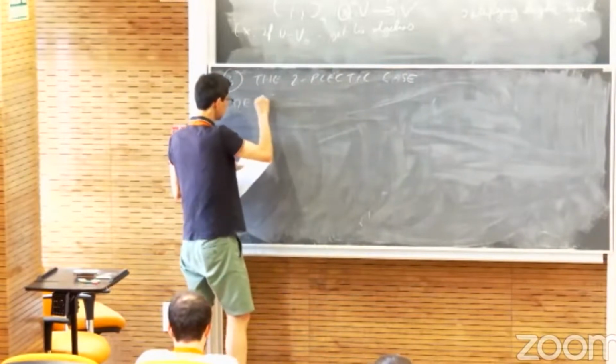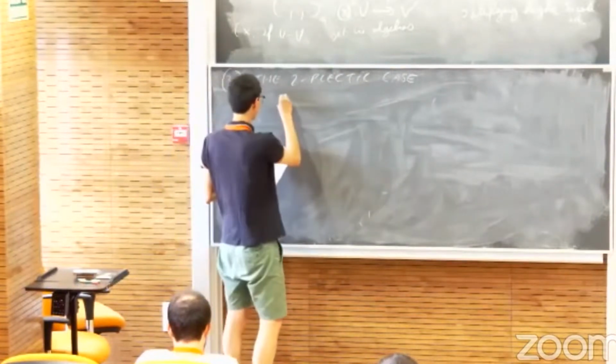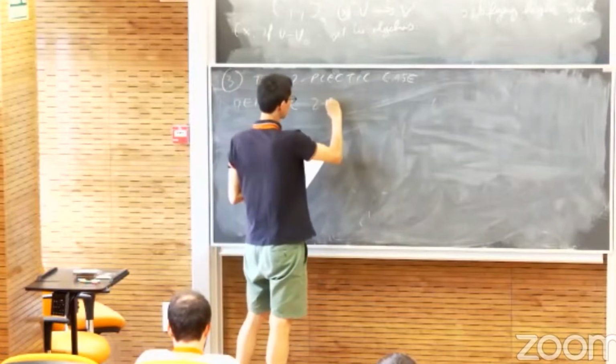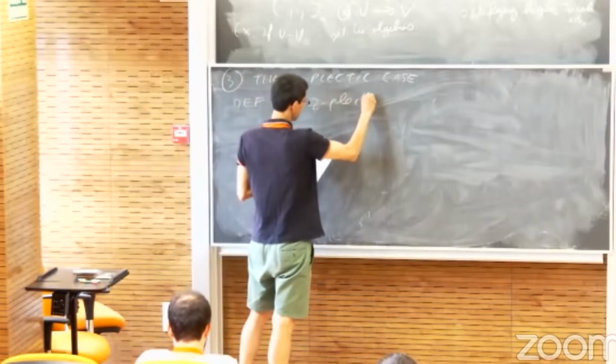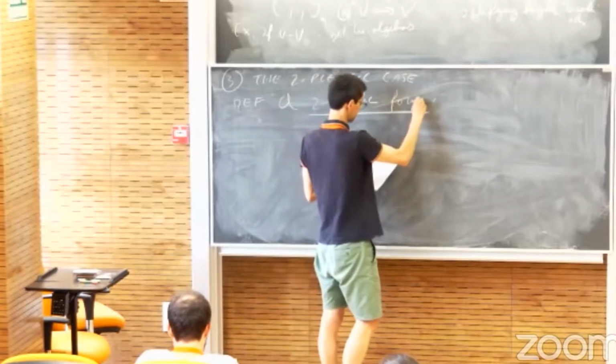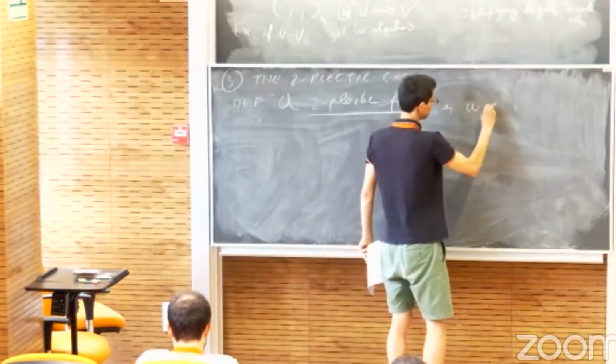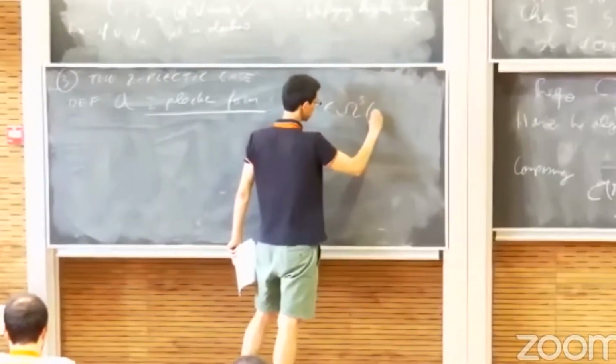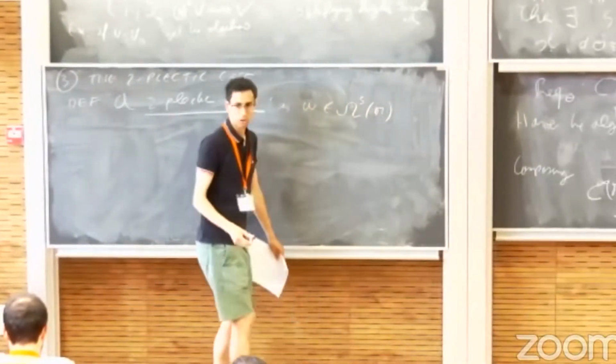Well, first, just to be explicit about what I mean by two-plectic. A two-plectic form is a three-form, so not two, but three-form, which is closed and non-degenerate.